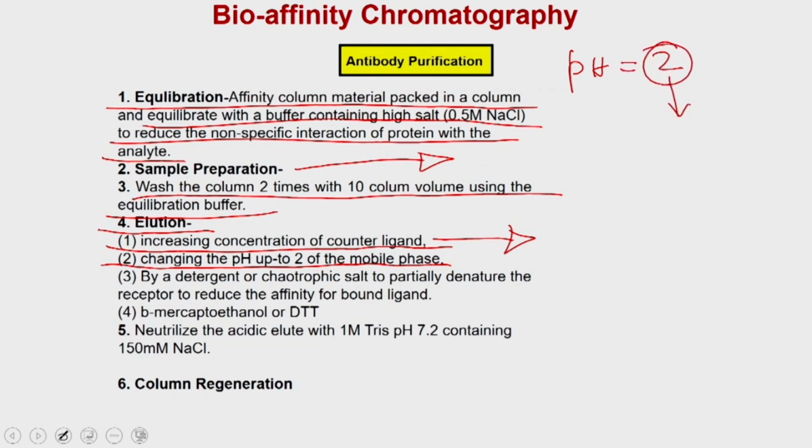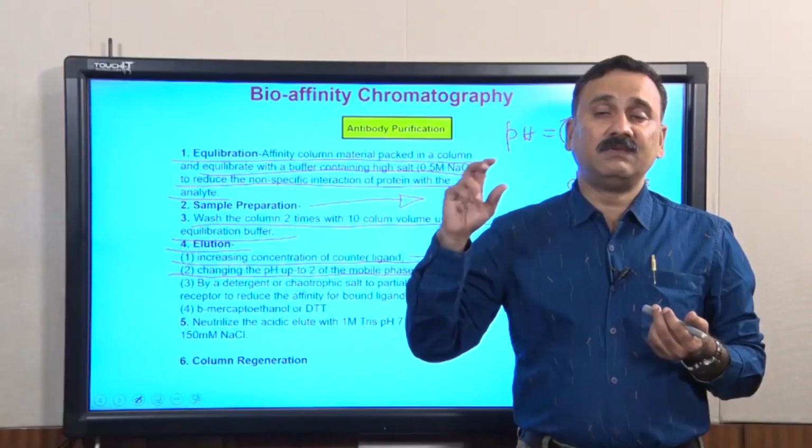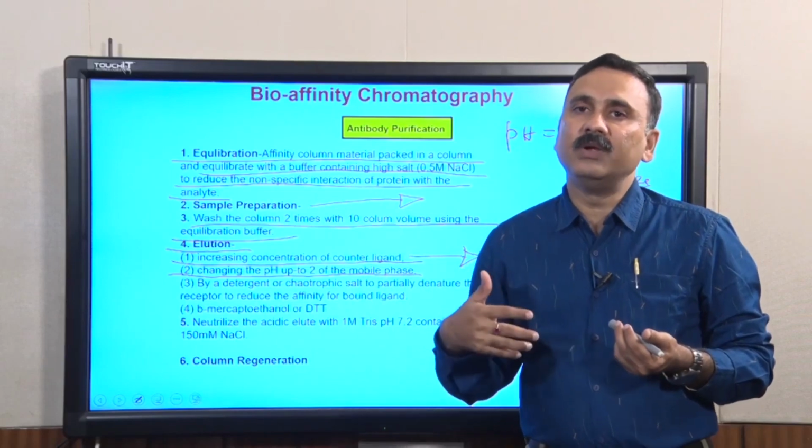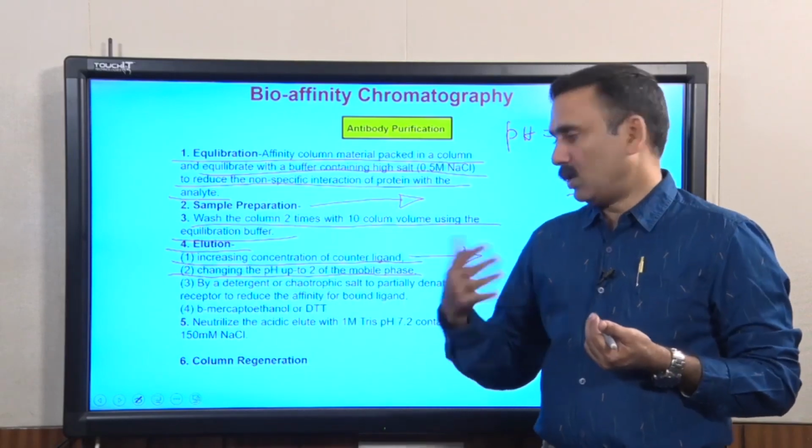It is going to destabilize the structure of the antibody, and when it destabilizes the structure, the antibody is going to have reduced affinity for the antigen bound to the matrix, and in that process the antibody is going to be eluted from the column.